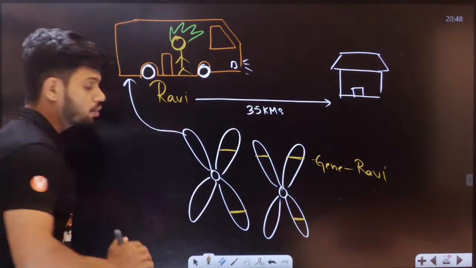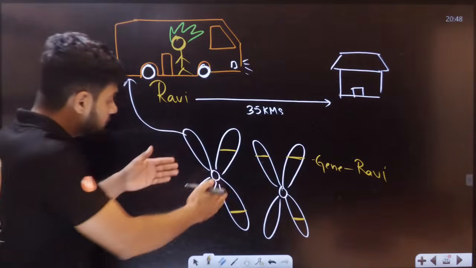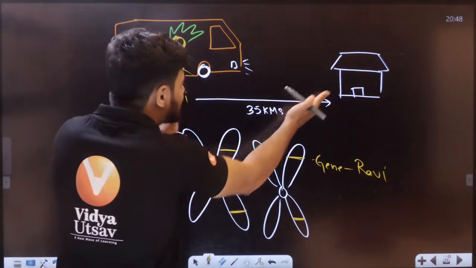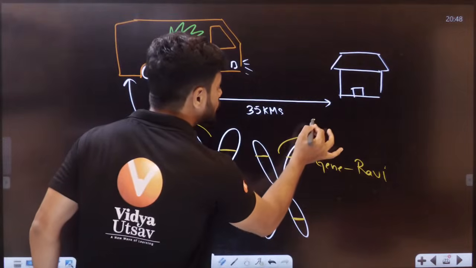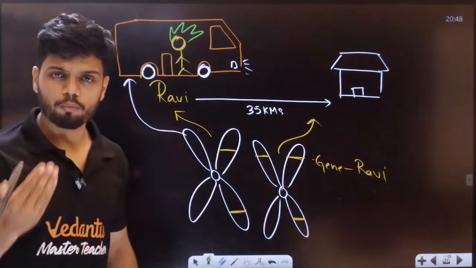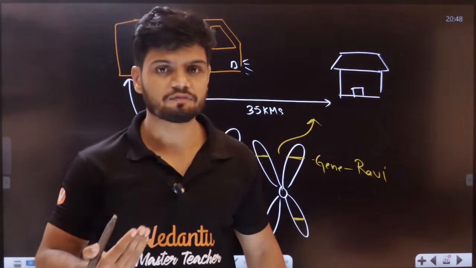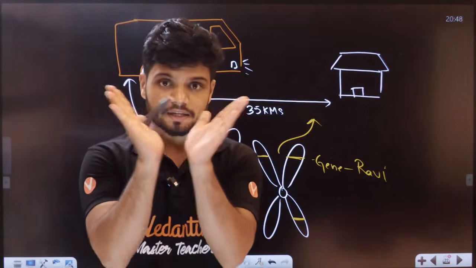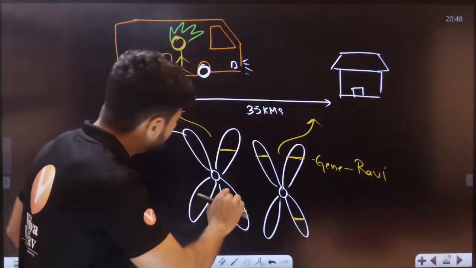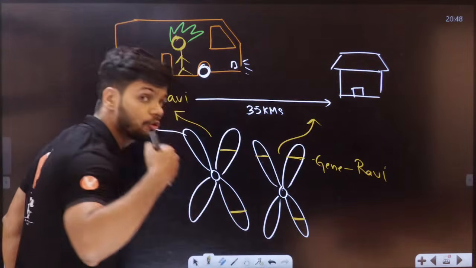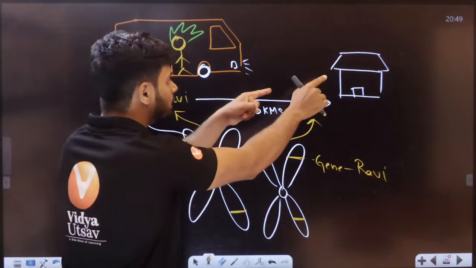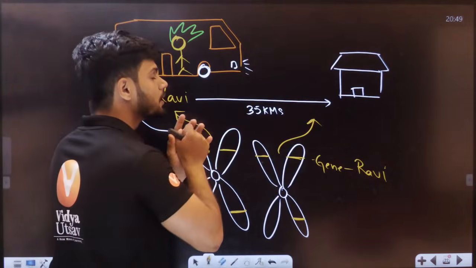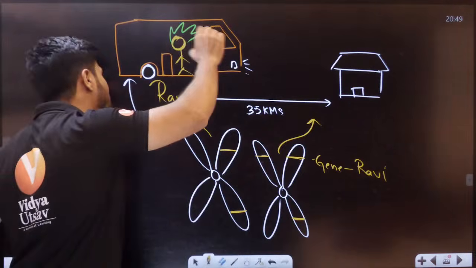Now, students, all of you tell me in the chat: if this chromosome goes this side and this chromosome moves this side, let's say the homologous chromosomes are separating in the anaphase, will the alleles present here also separate? See, if the bus is moving, Ravi is moving along with it because Ravi is present inside the bus.